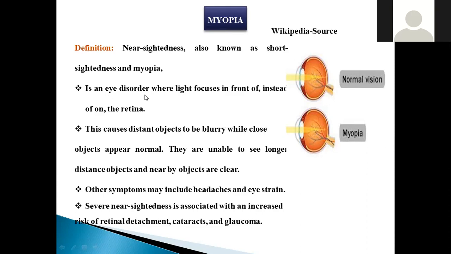This is an eye disorder. Light focuses in front of the retina instead of on the retina. Under normal vision conditions, it is very clear that the object image falls on the retina so that we get what object is present in front of us. But in the case of a myopia person, the image falls in front of the retina, but not exactly on the retina.